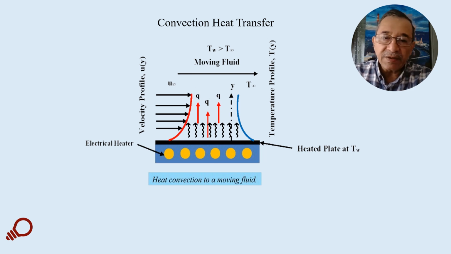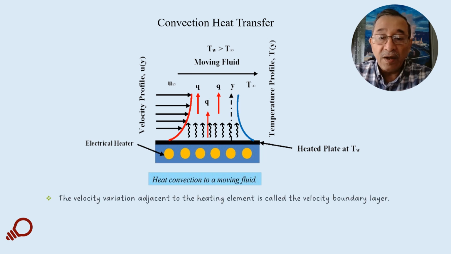Let us consider a plate that is heated by an electrical heater adjacent to a fluid such as air, and heat transfer will go in the direction perpendicular to the surface area of the wall. Because we have a velocity gradient between the fluid adjacent to the heating surface and the main bulk, there will be a velocity boundary layer.